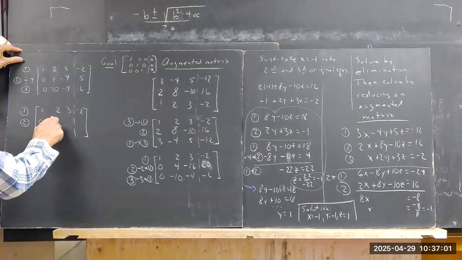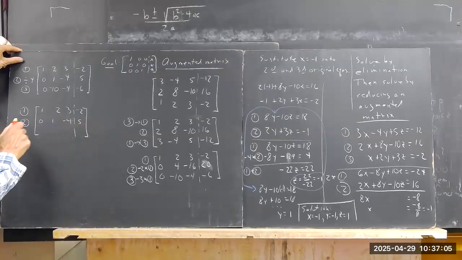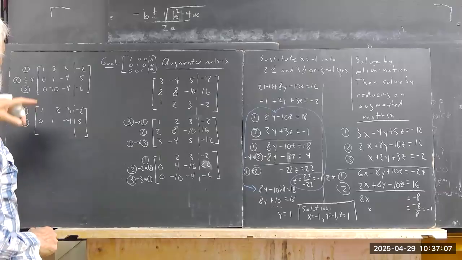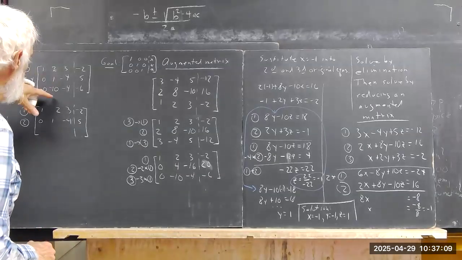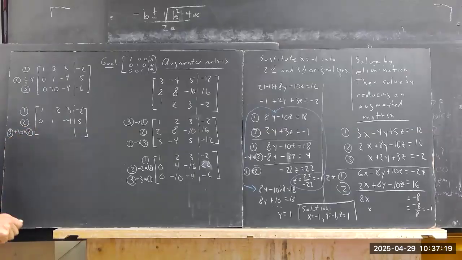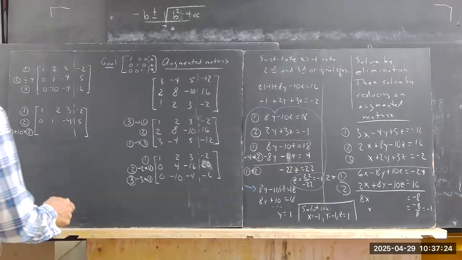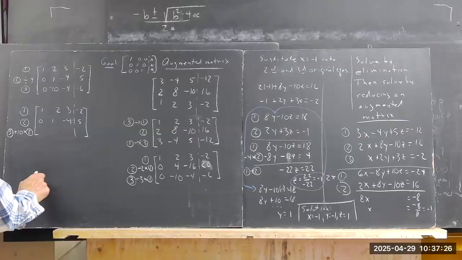Row 2 is going to stay the way it is. And row 3, I'm going to have to take 10 times row 2 and add it to row 3. Let's scratch it out down here.